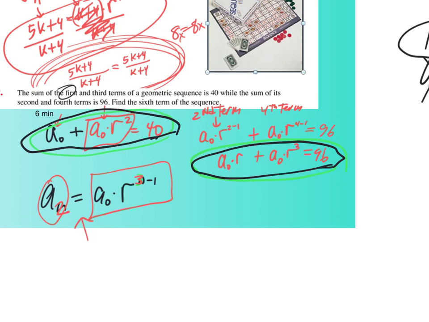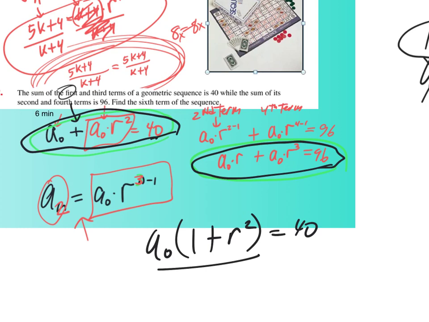A lot of people have trouble solving this first one until they realize that they could factor out the a sub 0. Once again, really brutal problem comes down to can you factor it? You should. A sub 0 comes out: 1 plus r squared equals 40.